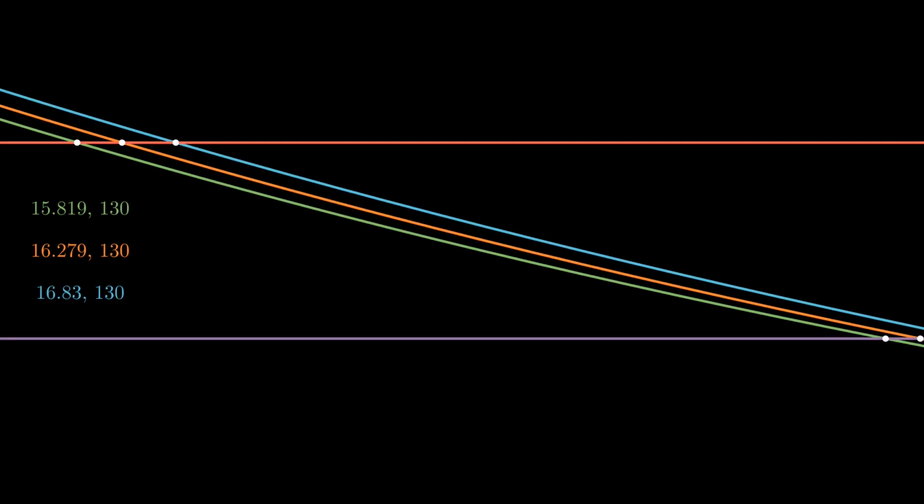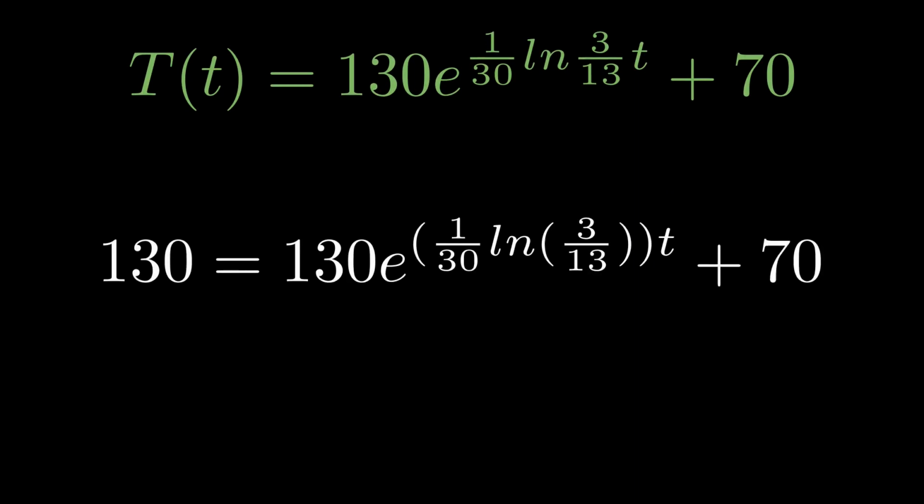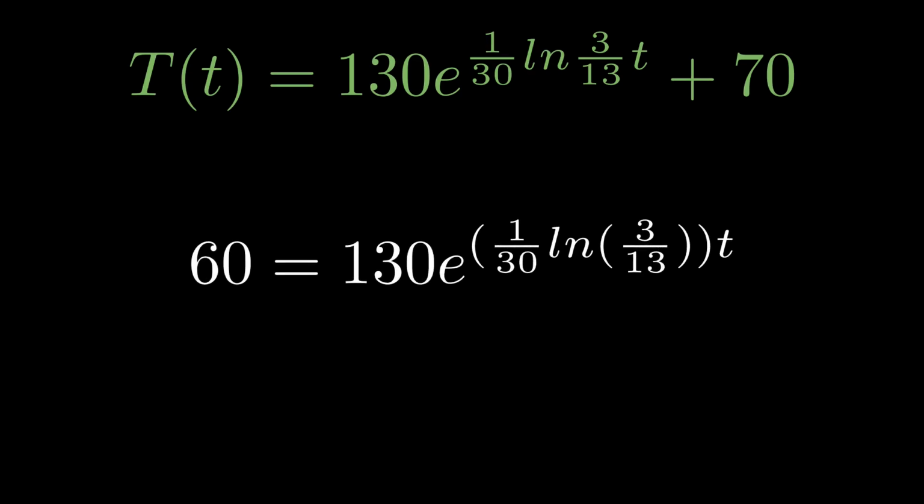But how do we find these values? Let's take a look at it. In order to do this, we will take one of the functions, in this case the first one, and we will equal it to 130 and solve for time, which will be the time it takes to reach 130 degrees Fahrenheit.